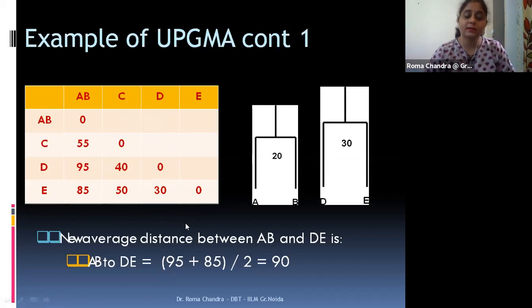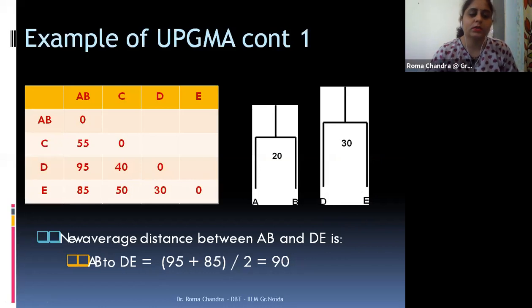So now I am considering that there must be a common ancestor for both D and E. Supposing this, I have created a new branch, another common ancestor node, and from this we get these two branches, D and E. So the species D and E are related to each other, having a common ancestor with a distance of 30, just like how A and B species were connected to the common ancestor with a distance of 20.